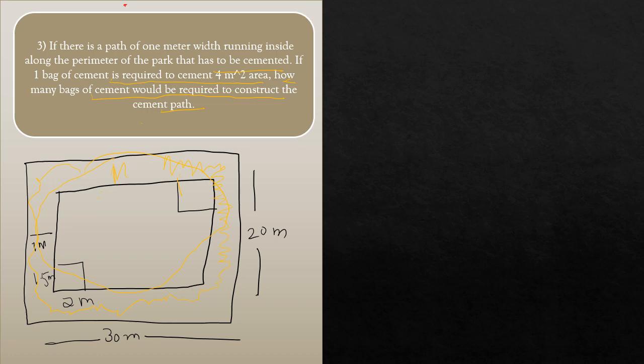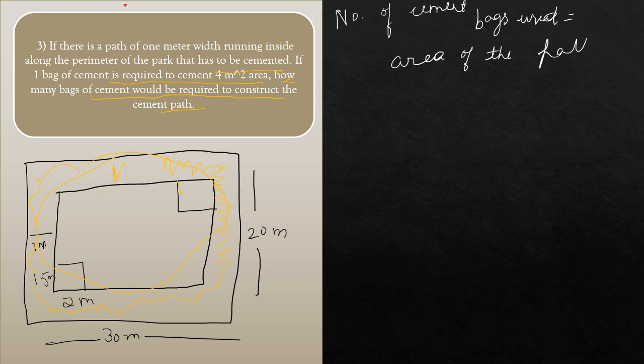Formula is number of cement bags used is equal to area of the path divided by area cemented by 1 bag.